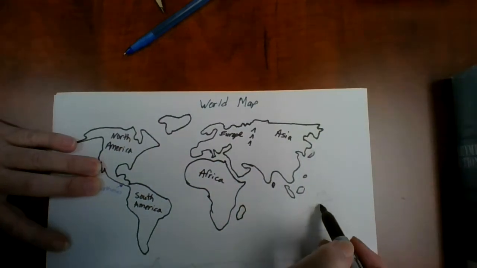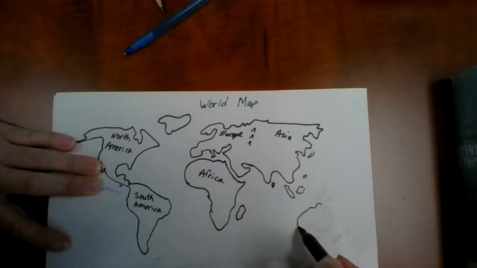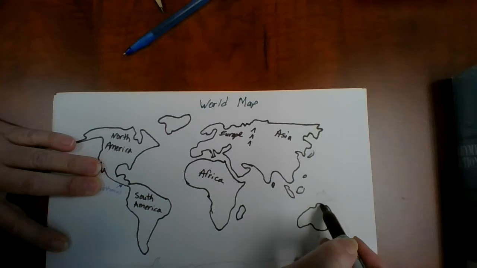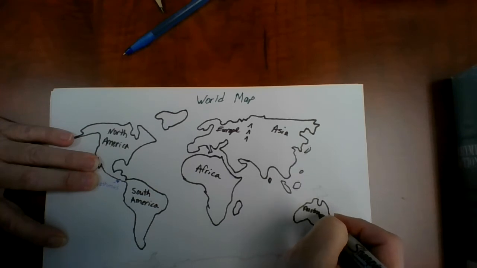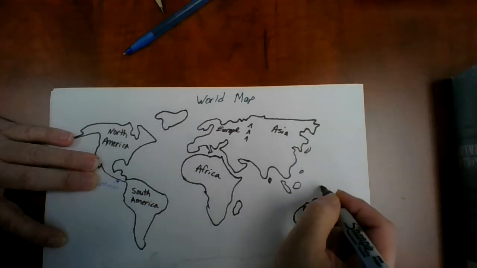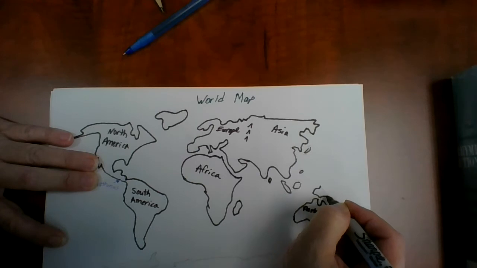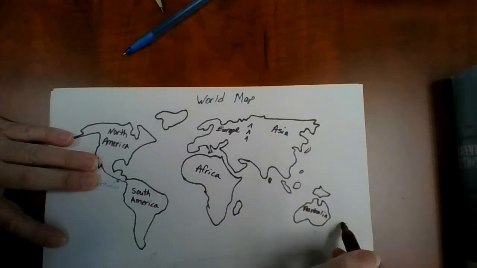And then over here we have a continent that is an island, and it is a country, and that's Australia. And off the coast of Australia, there are some other islands here.